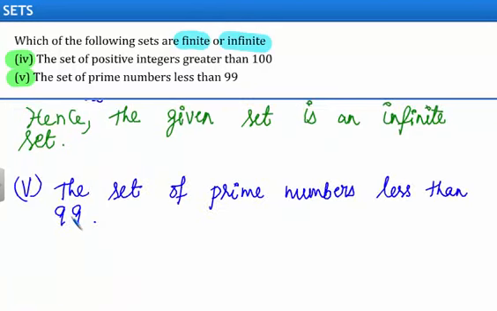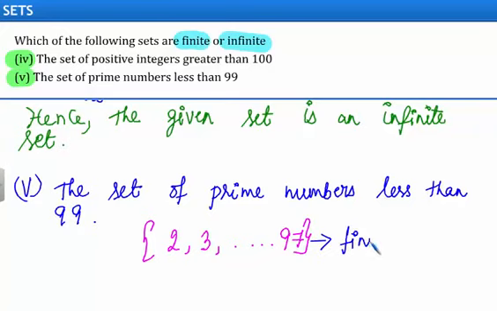The next set given to us is the set of prime numbers less than 99. So, the set consists of a finite number of elements starting from 2 and ending at 97. Therefore, this set consists of finite number of elements.